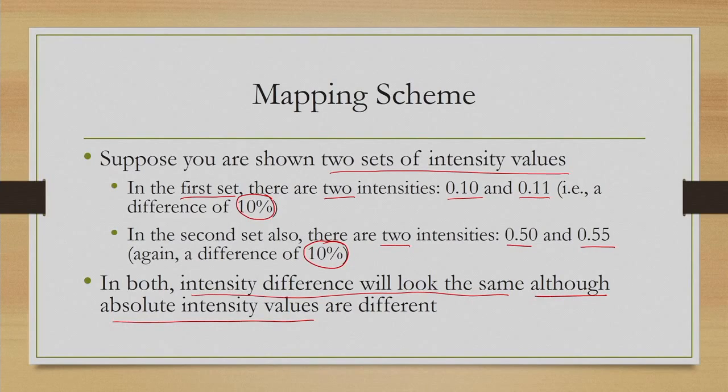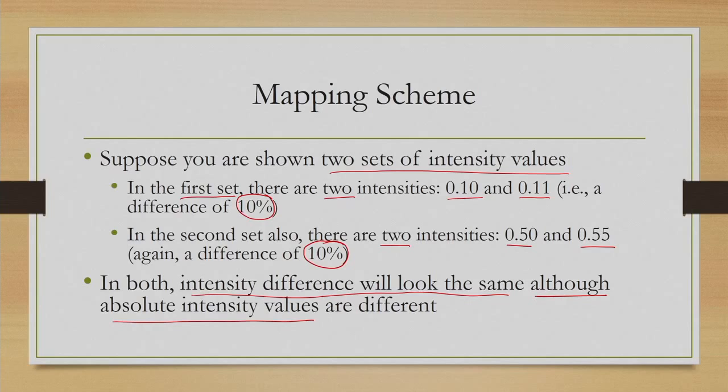If we are asked to look at those two sets of values, we will not be able to perceive the difference between those values because of our psychological behavior, that we do not perceive the absolute differences, instead we perceive the relative differences.